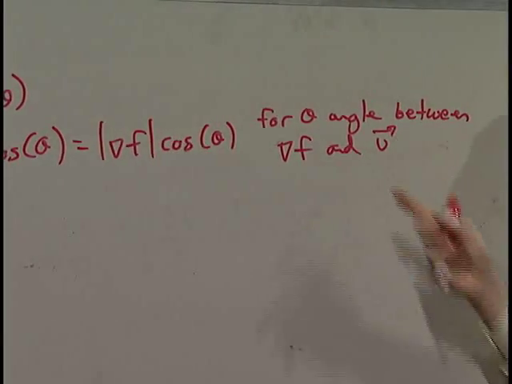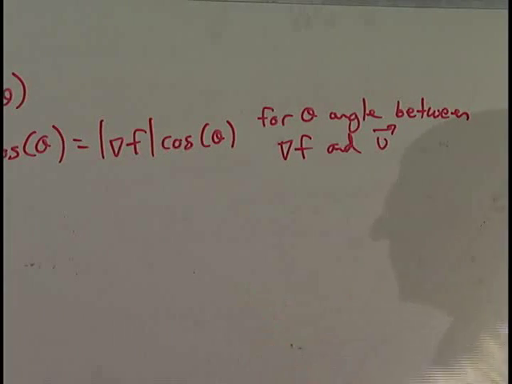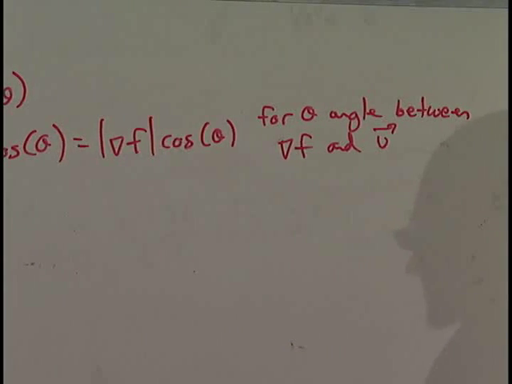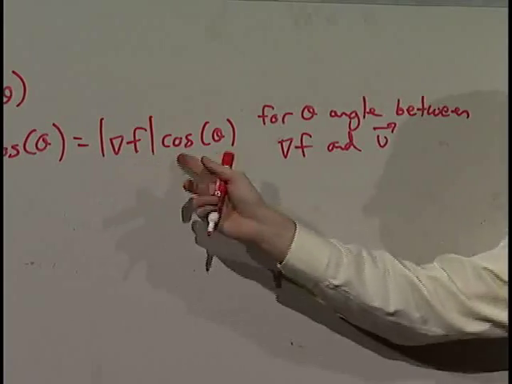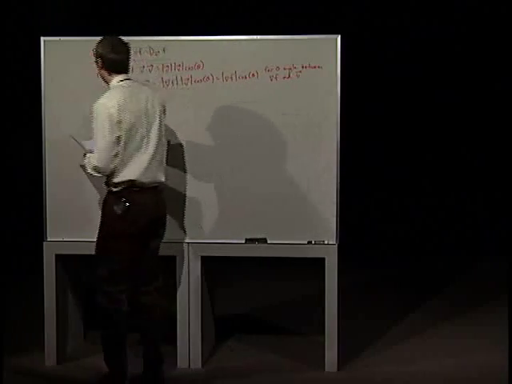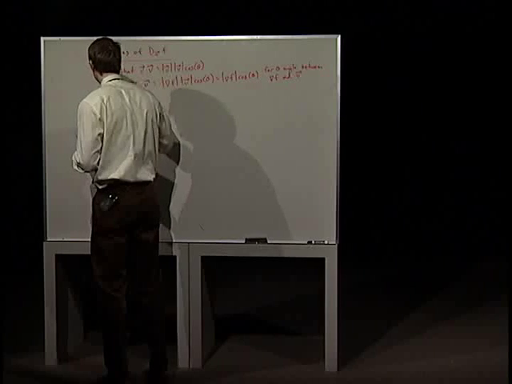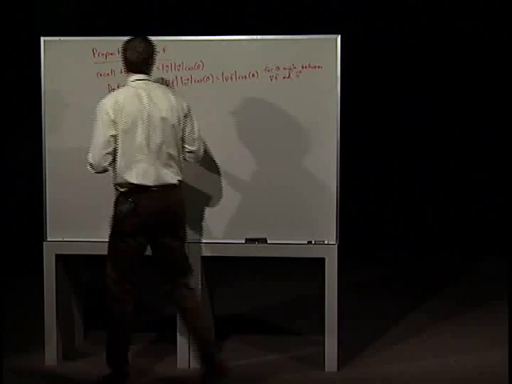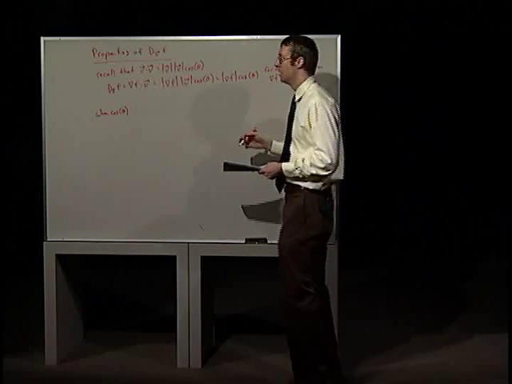Okay. So we have this simpler expression for it based upon the length of grad f and the cosine of theta, right? What does this tell us? Well, cosine, of course, is stuck between -1 and 1.